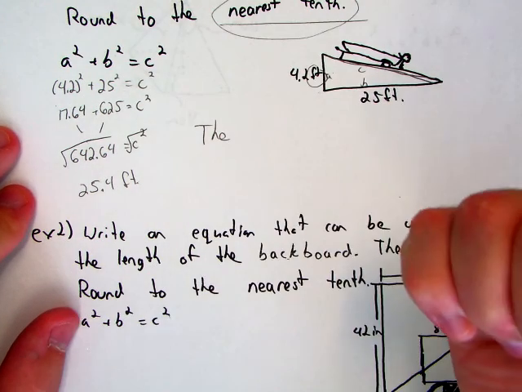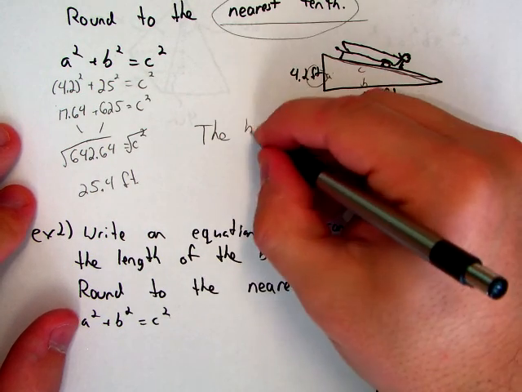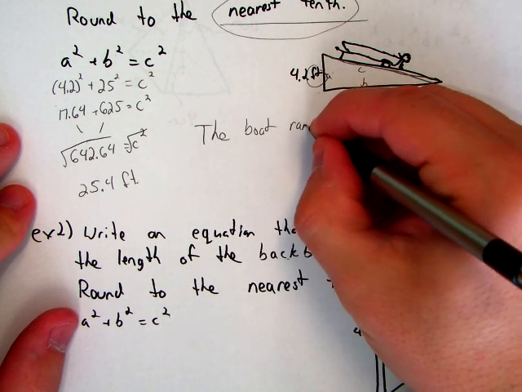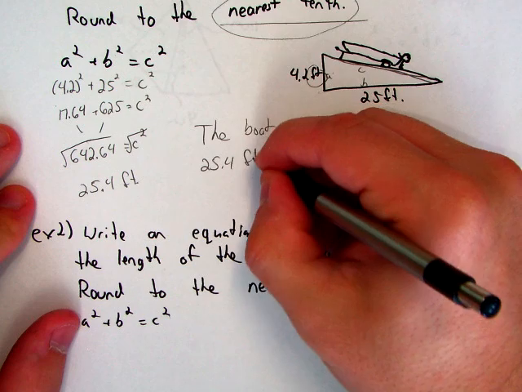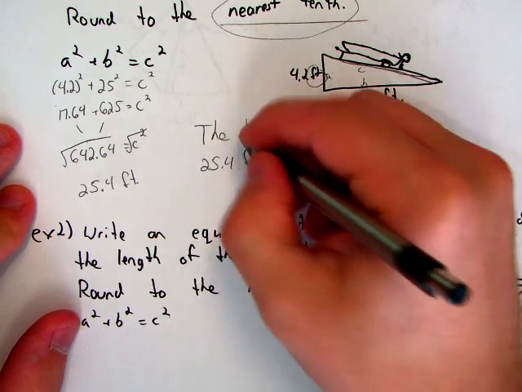This is a word problem, so this number has meaning. So the boat ramp is 25.4 feet long.